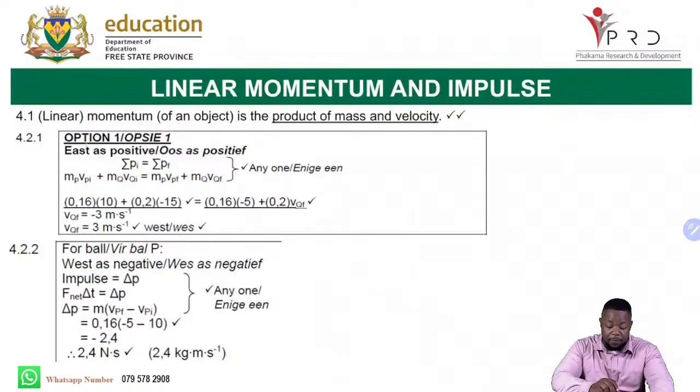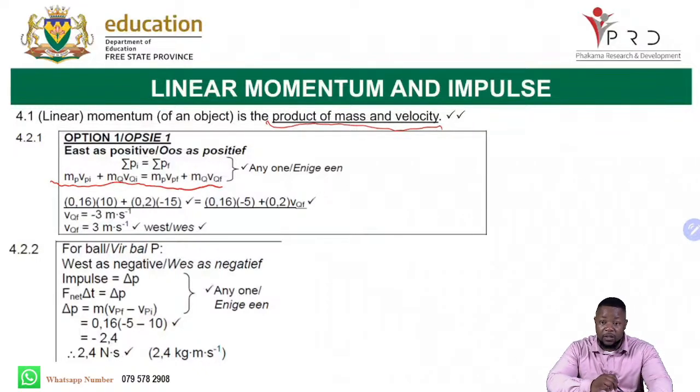The momentum is defined as the product of the object's mass and the velocity. And then we go through 4.2.1. In this question here, one of the formulas will receive a mark. The first formula can be the sum of momentum before is equal to the sum of momentum after.